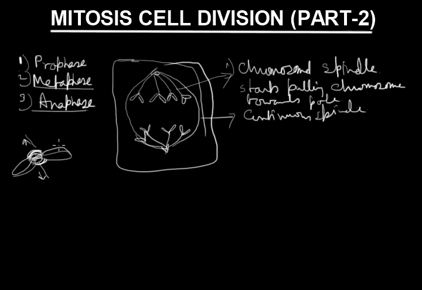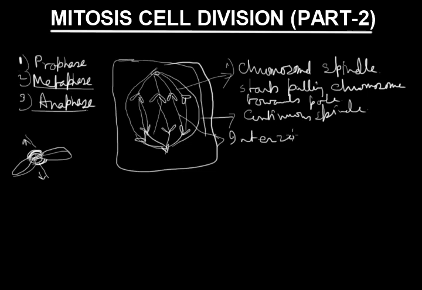After the splitting of the chromosome, the centromere also splits, and in the centromere region another type of fiber arises. This is known as interzonal fiber.